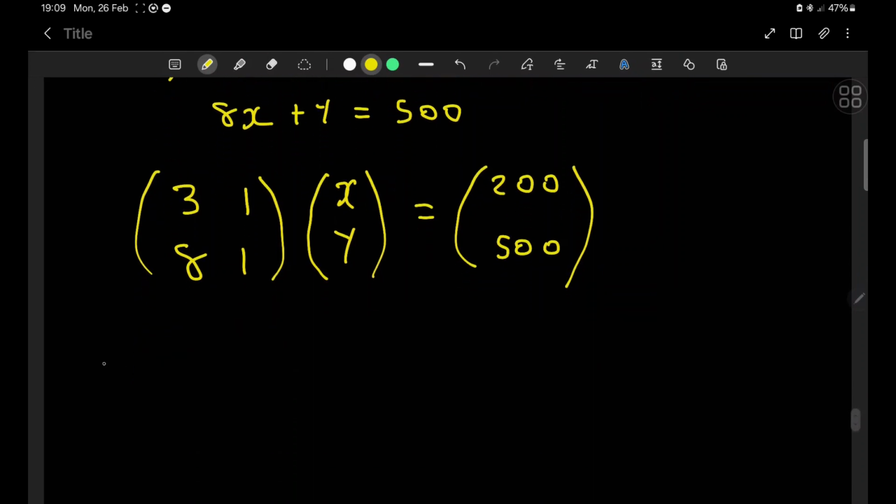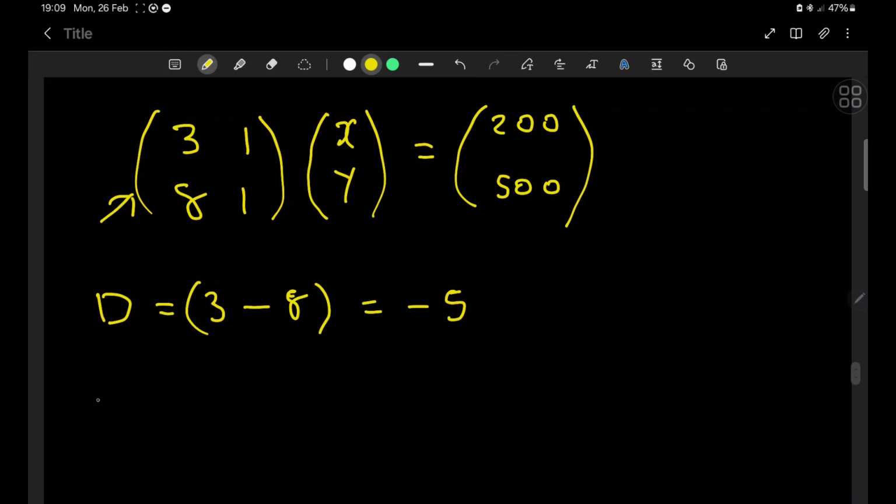So getting our determinant from this matrix, we multiply the diagonal, 3 by 1, and we subtract 8 multiplied by 1. So that will be 3 times 1 is 3 minus 8 multiplied by 1 is just 8. This gives us negative 5.